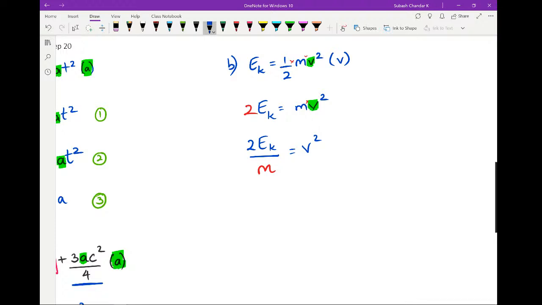Corin, I'm hoping it's actually not minus m, it should be divided by m, because remember, m is getting multiplied by v squared and it's not plus. At this point we want to get rid of the squared sign, and we just put square root on the other side. So we're going to get the square root of 2Ek over m, which equals v.